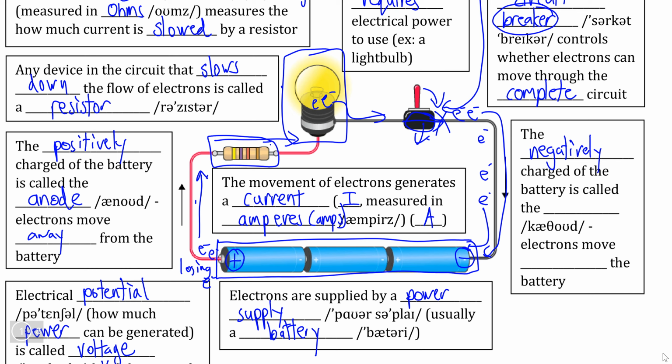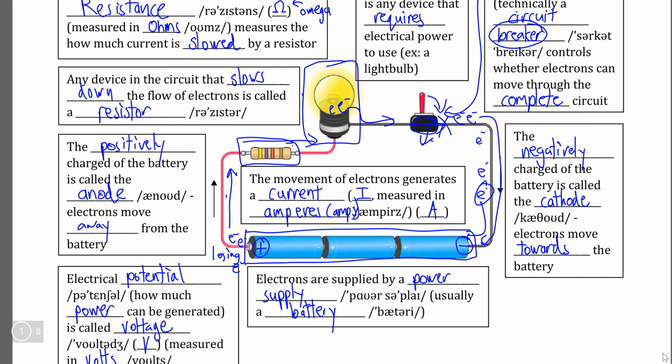So again, this location is the negatively charged end of the battery, because this is where the electrons are moving back towards the battery, meaning that we're going to get negative charge building up here, and the name for this end of the battery is what we call the cathode.